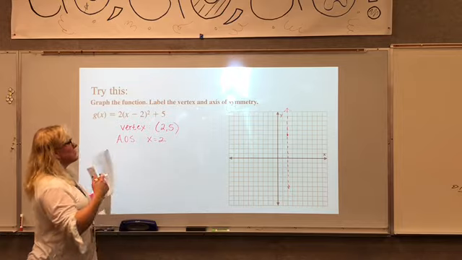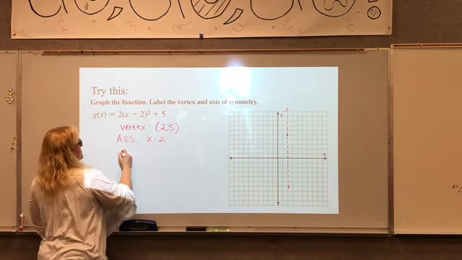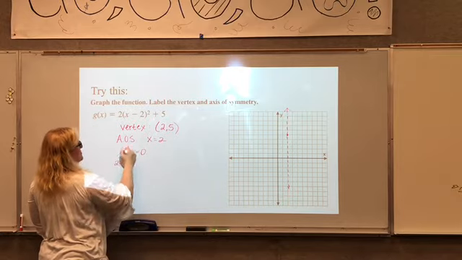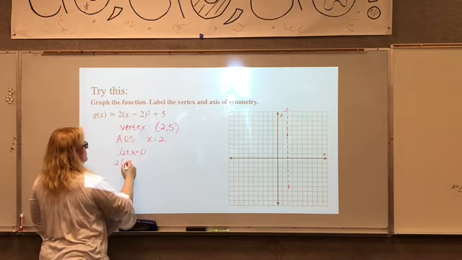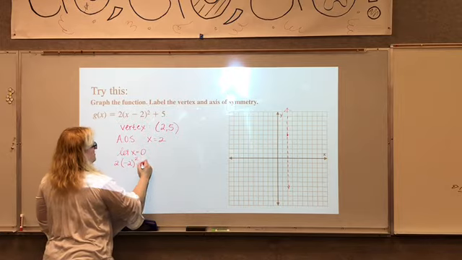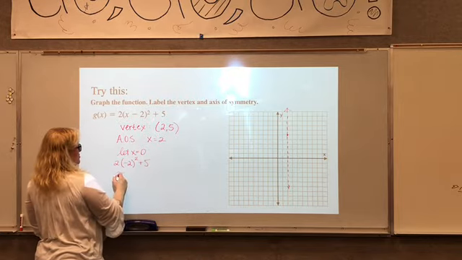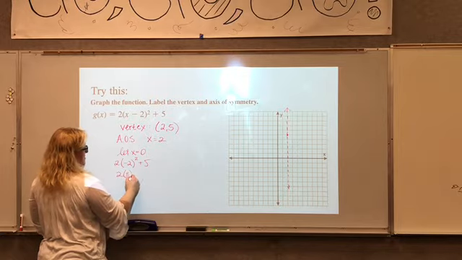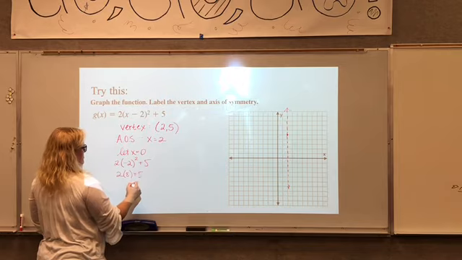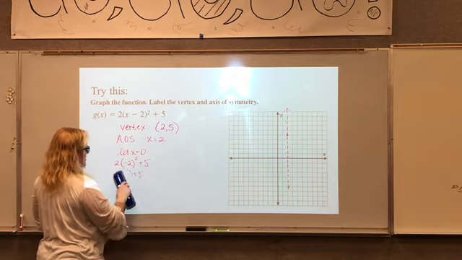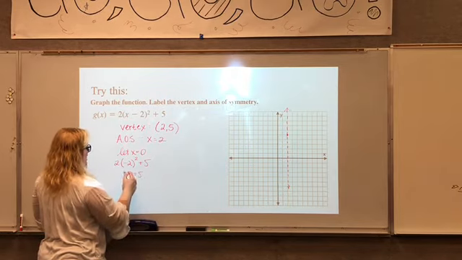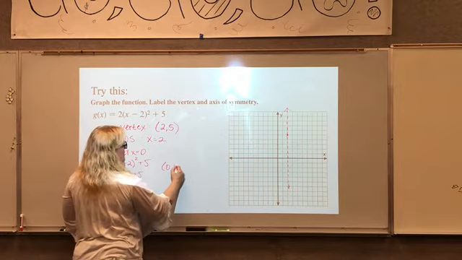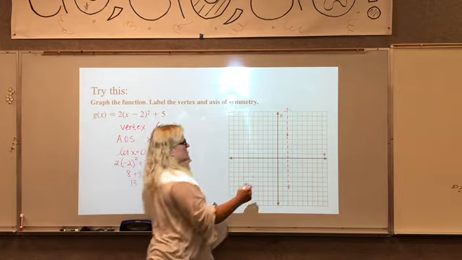All right, so just plugging in, I'm going to let x equal 0. If I put 0 in here, I get 2 times (-2) squared plus 5. So that's -2 times -2 is 4, 2 times 4 is 8, plus 5, and that gives me 13. So (0, 13) is one of my points.